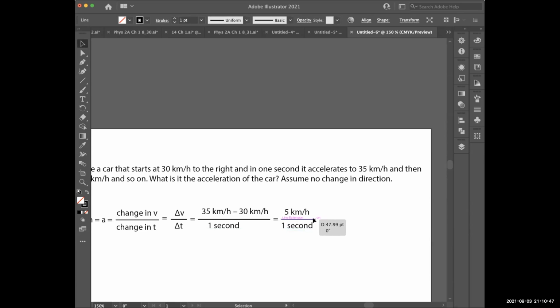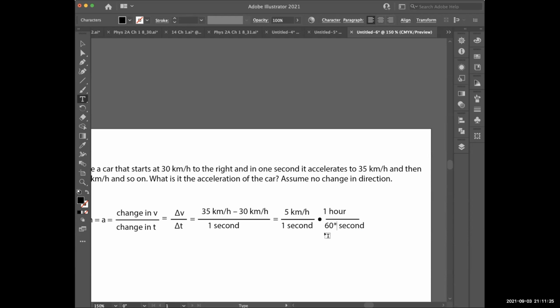So we're going to multiply this by 1 hour equals 3,600 seconds, or 60 times 60 seconds, because there are 60 minutes in an hour.